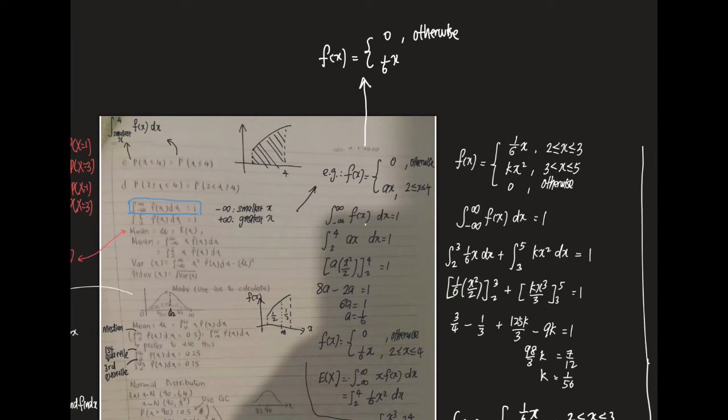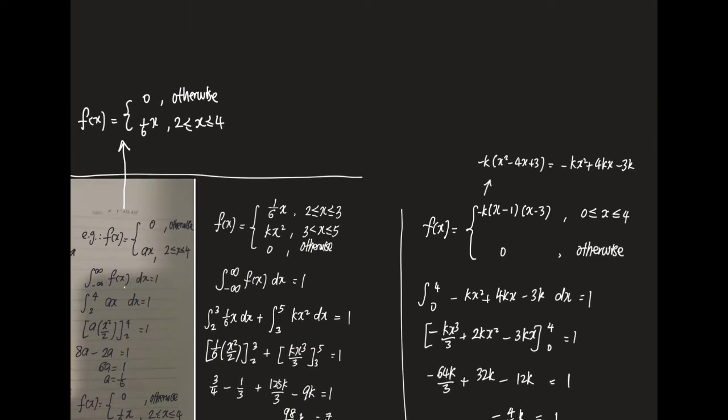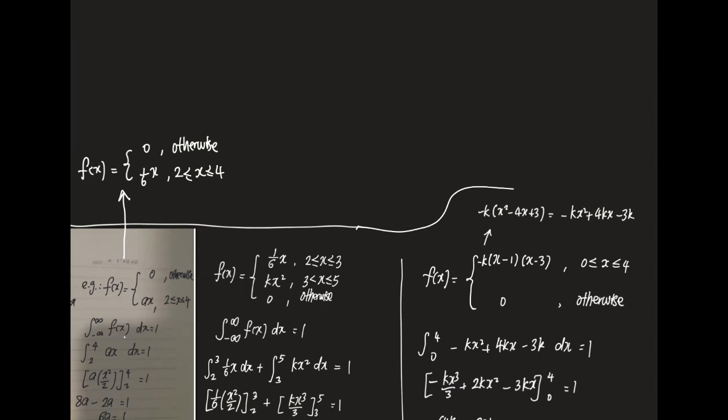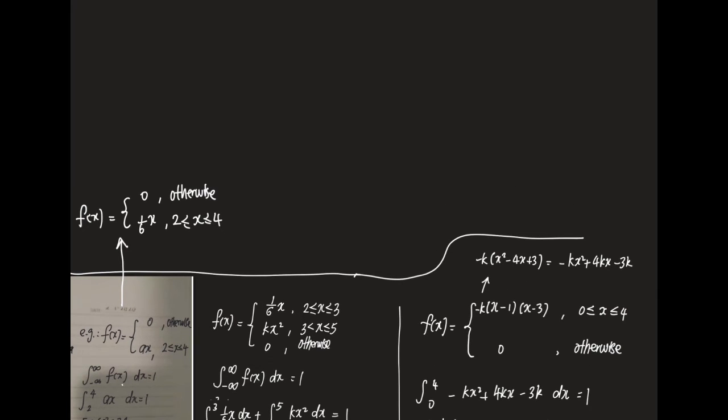Okay, now I'm going to show you how to find mode as well as median. Okay, so mode first. Okay, let's say graph first. I draw the graph, then you can understand easily.